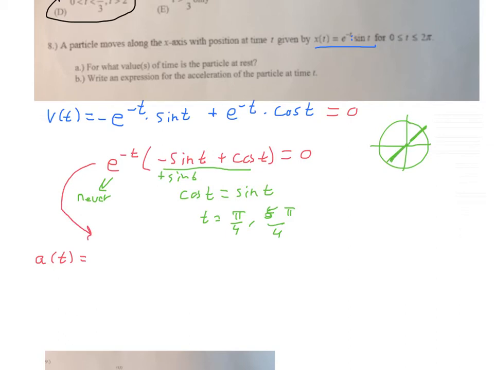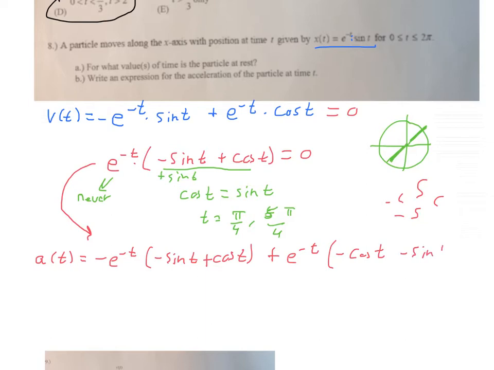Okay, so the derivative of the first, we have negative e to the negative t times the second, minus sine of t plus cosine of t, plus the first, e to the negative t, times the derivative of the second, negative cosine minus sine, so negative cosine of t minus sine of t. And there's an expression for the acceleration. We're just taking the derivative of velocity. We could clean that up a bit, but it's really not worth it.